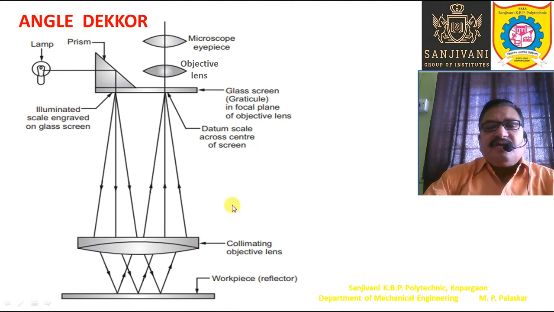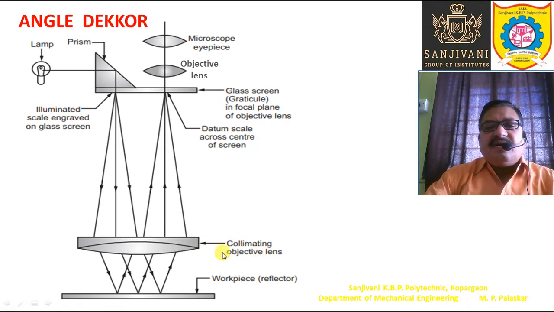The function of the collimating objective lens is to make the beam of light narrow, or reduce the width of the beam of light, or reduce the divergence of the rays passing through this particular lens.